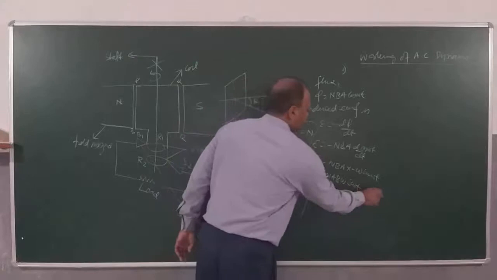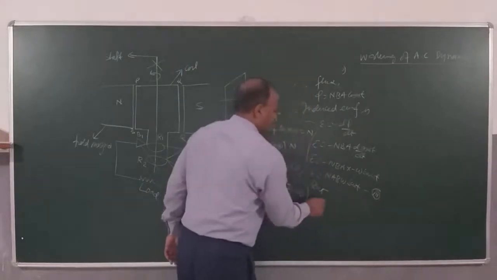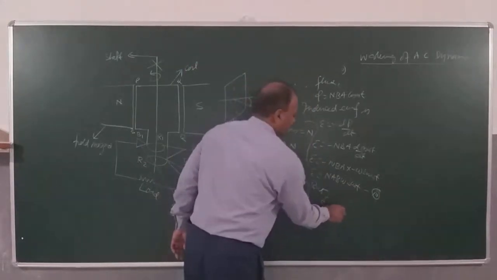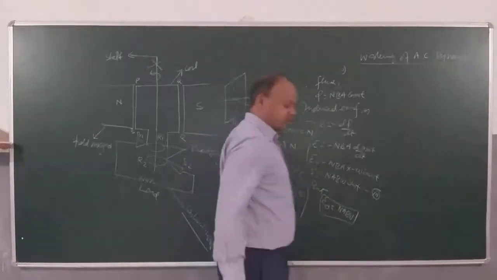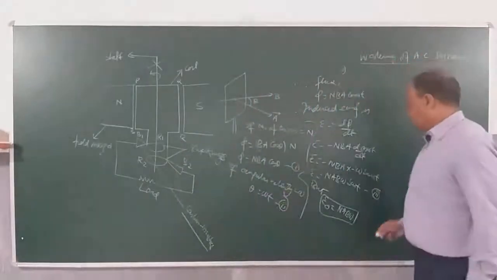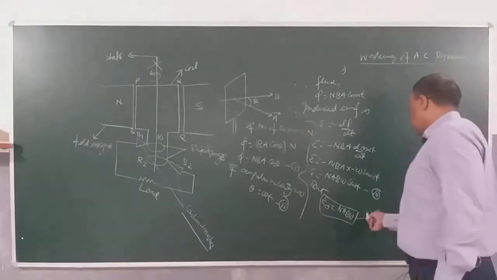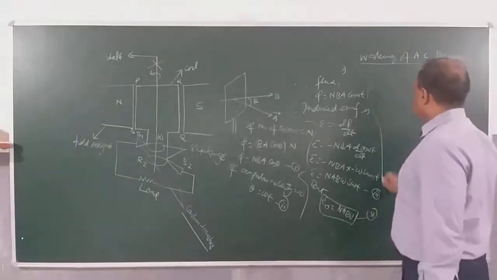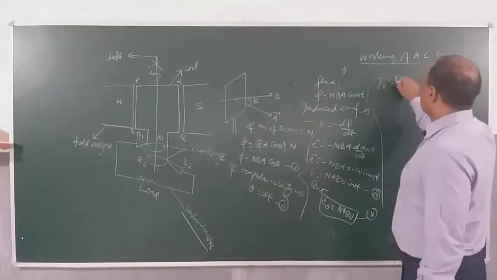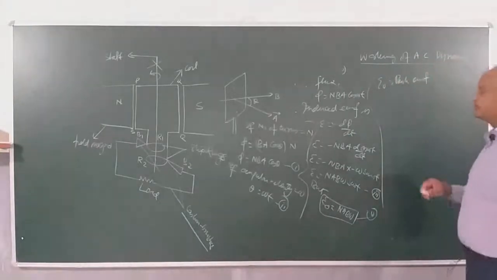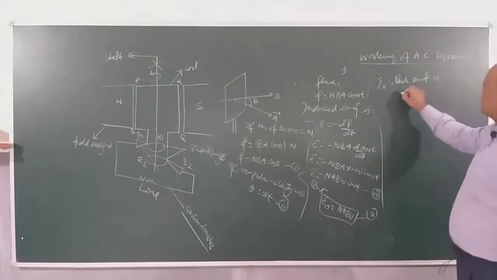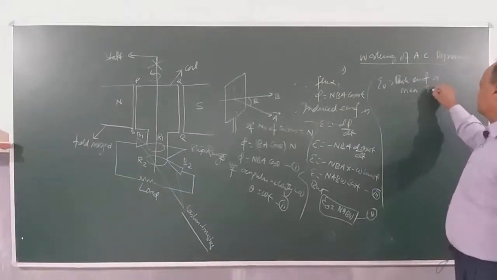This is equation 3, where E naught is equal to NAB omega. This term E naught is the new term that I am using for you. E naught is called peak EMF, or maximum EMF.